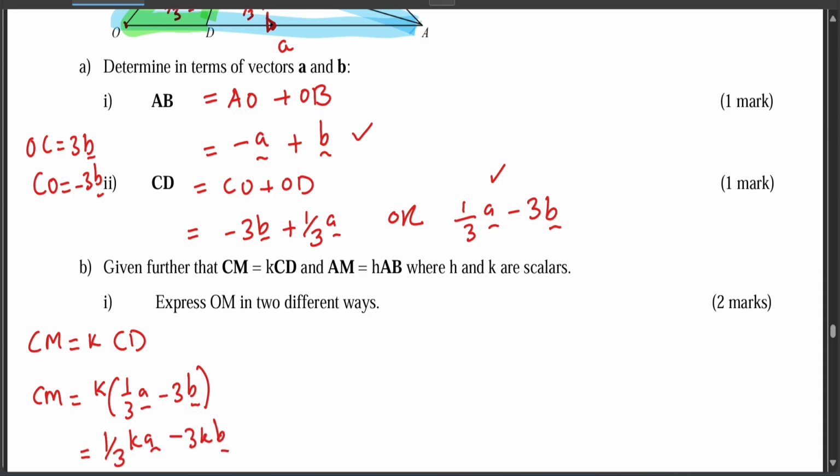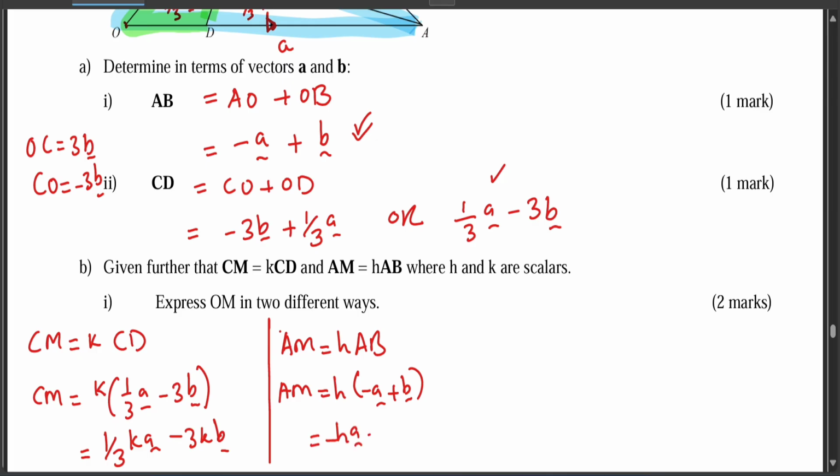The scalars you write them before the vectors. Okay up to there. And now AM equal to HAB. So your AM is equal to HAB, which, our AB is negative A plus B. So H times negative A plus B. Therefore, negative HA plus HB. But these are not your answers, so don't confuse it.